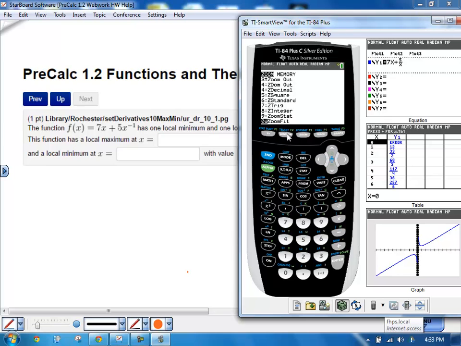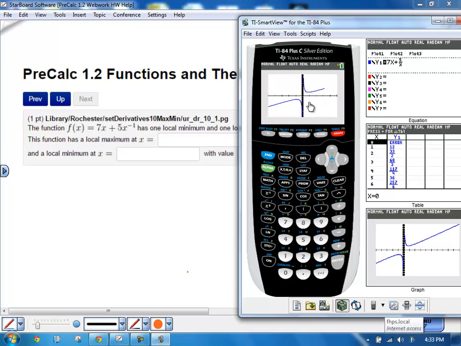But it'd probably be better to change this window yourself, make it a little bit smaller on the x side of things. So maybe like negative 5 to 5. Might help a little bit. I don't know, not much, but anyways, there's the relative maximum, there's the relative minimum, and you guys know how to find those.